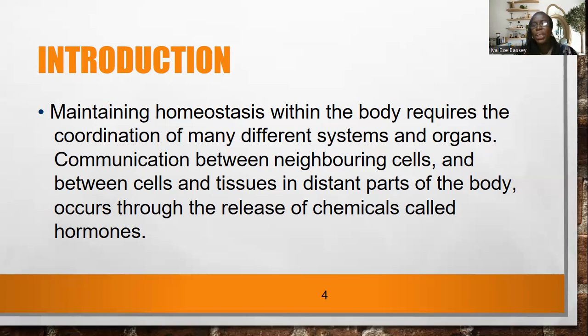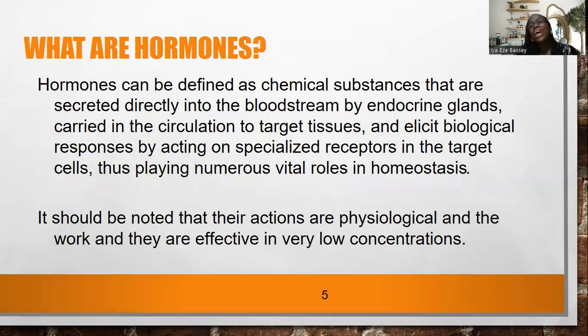So that communication between neighboring cells, between cells and tissues in distant parts of the body occurs through the release of chemicals which are known as hormones. So what are these very, very important hormones?